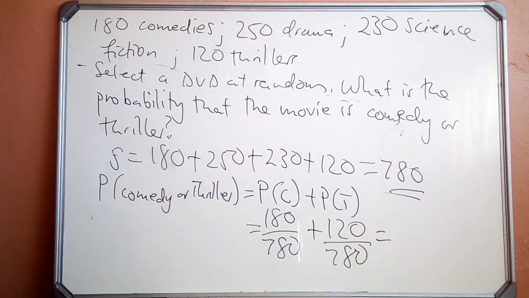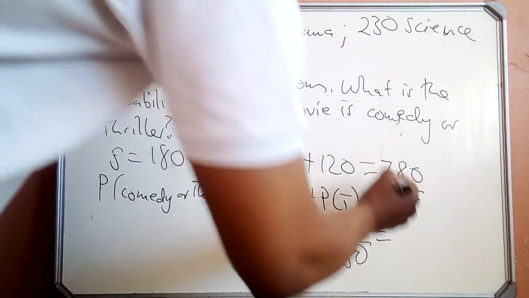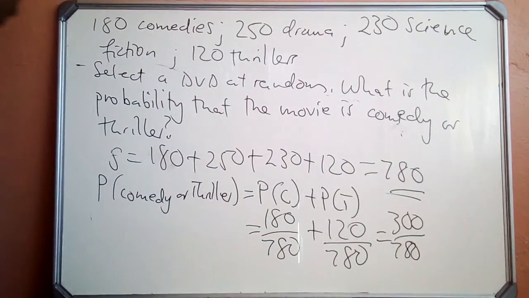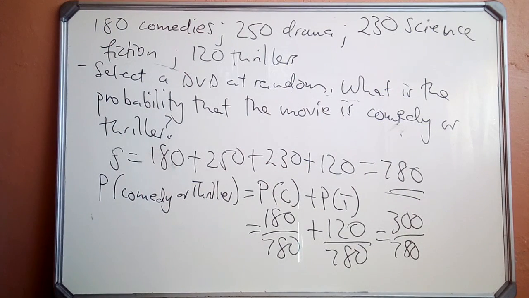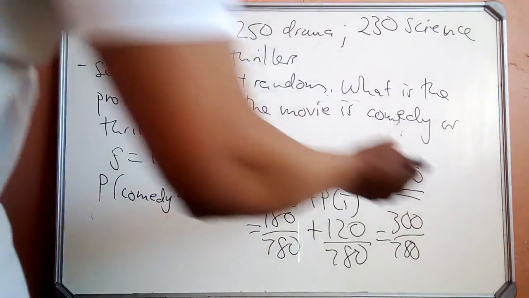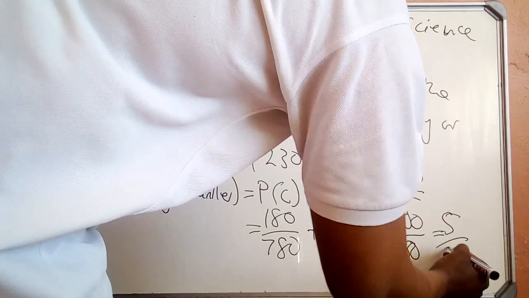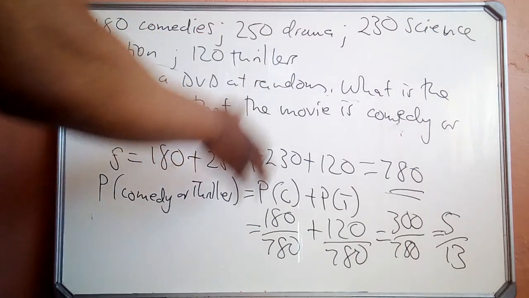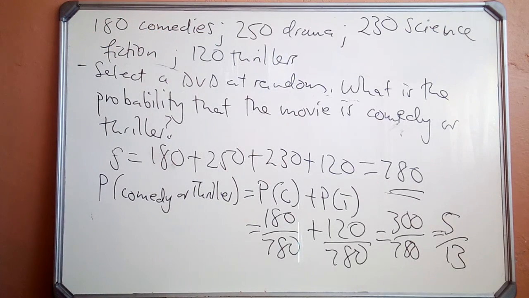So this will give us 300 over 780. But you can simplify that further to 5 over 13. This will give you the probability of either having a comedy or a thriller.